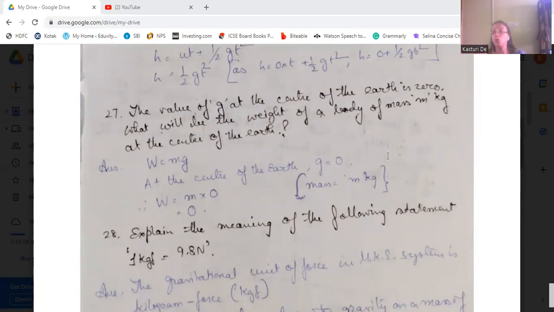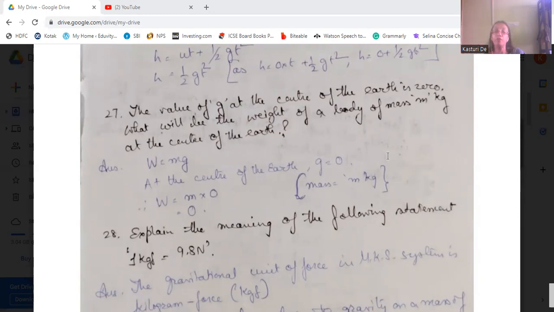So the weight W is equal to m into g. As the mass is m and g becomes 0 at the center of the earth, m into 0 will be 0. So at the center of the earth, the weight of the body will be 0.